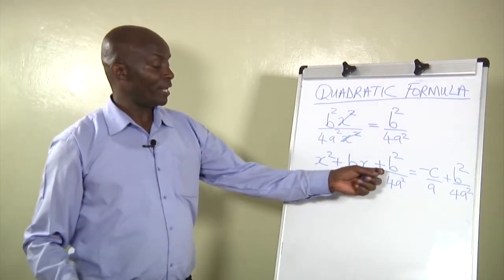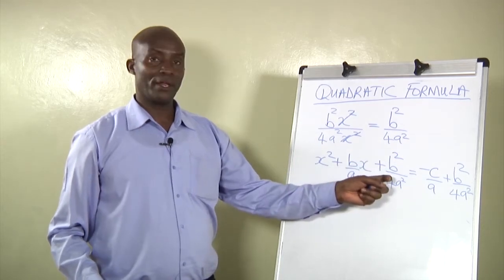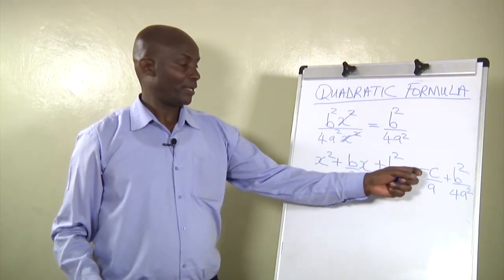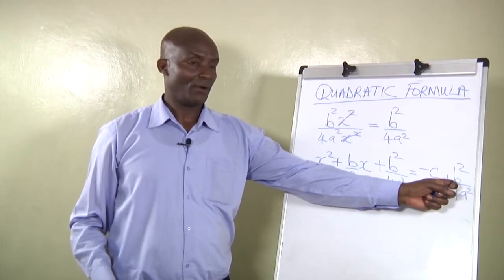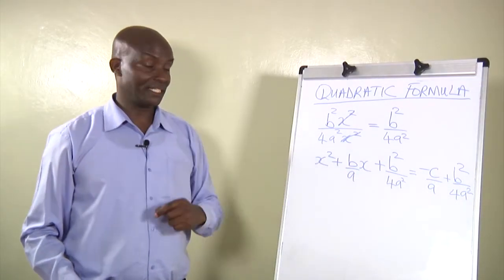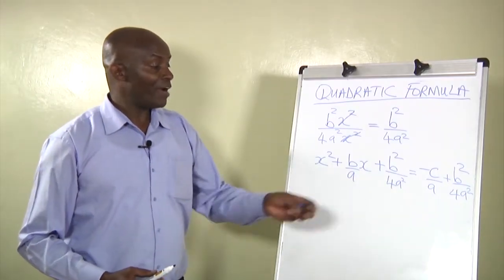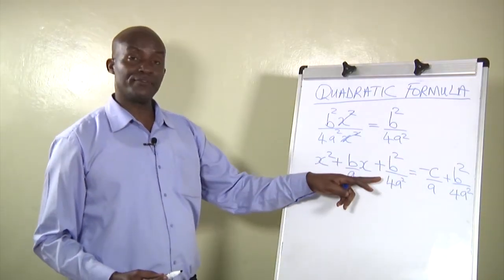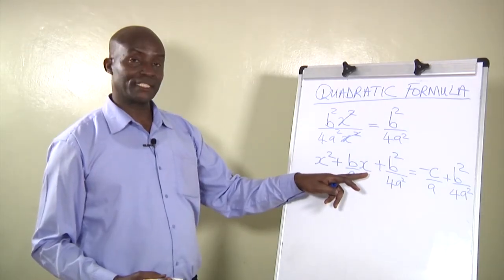Notice on the left-hand side we have added b squared over 4a squared, and we must do the same on the right-hand side so that the equation balances. So having done that, we now have a perfect square on the left-hand side.